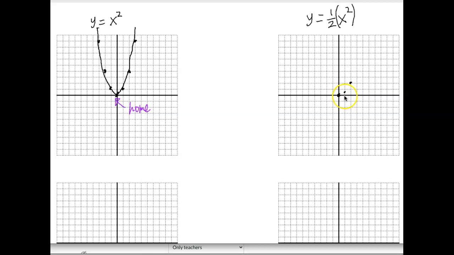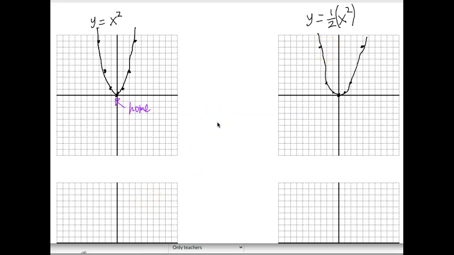So I liked that point more. So let's go over 4, 1, 2, 3, 4, and then up 8. And then just use your symmetry. And then we can draw the curve, kind of, sort of.